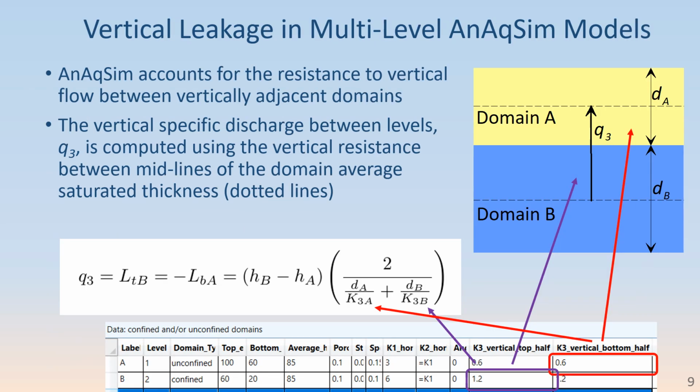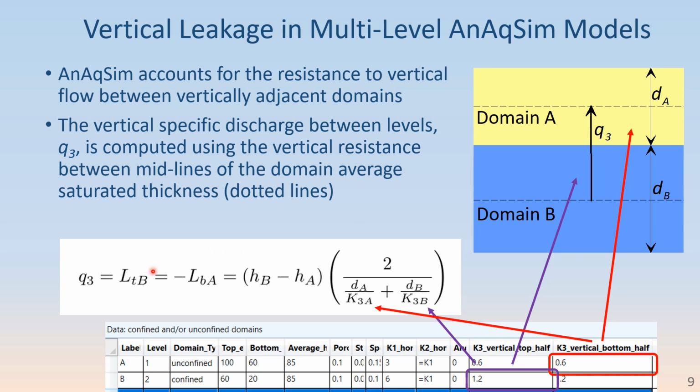Here's how Anaqsim computes vertical leakage in multi-level models. It accounts for the vertical resistance to flow between the center lines of the saturated thickness in each domain, and uses the average head to determine the average saturated thickness. So, for example, if we have domain A overlying domain B, A yellow, B blue, the vertical specific discharge from the center line of B to the center line of A is computed using a form of Darcy's law for flow normal to two layers.